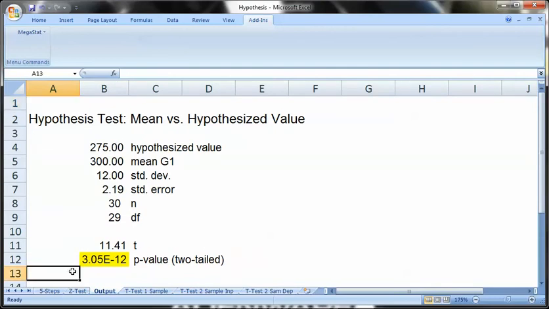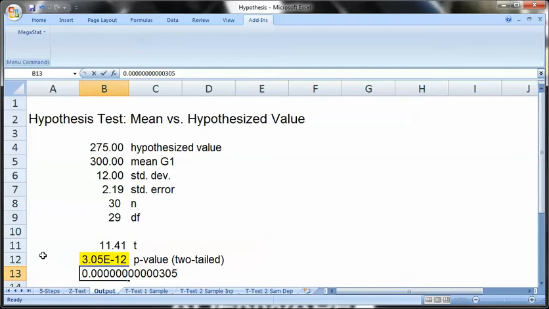Now at first blush it says, oh well, 3.05 is definitely bigger than 0.05. Well, e to the negative 12 is saying 0.000000000003 05. You move the decimal point 12 spaces out there, so 11 zeros in front of it.